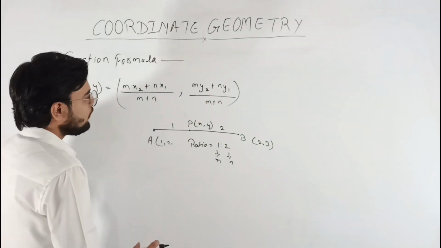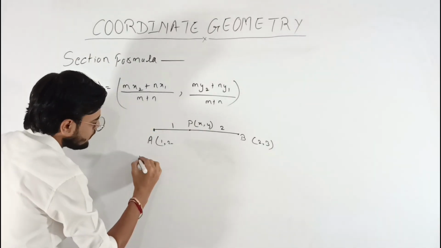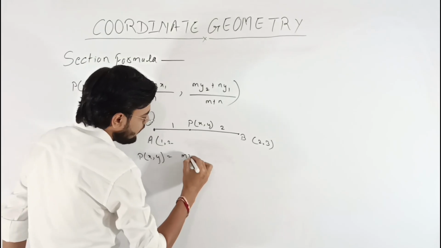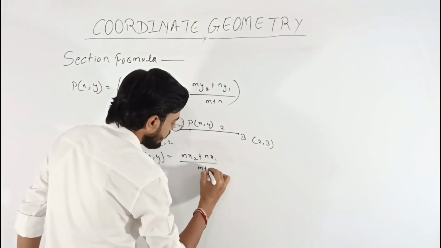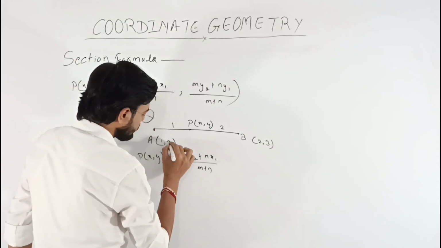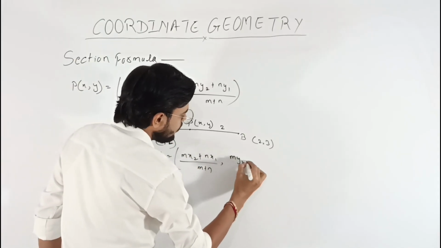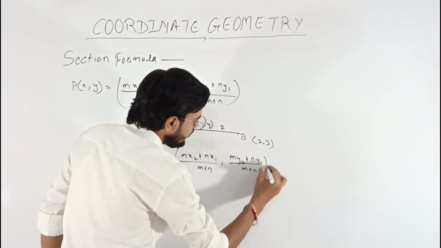Now see how we find the coordinates. So P(x, y) is equal to what? (m x2 plus n x1) upon (m plus n), and here the y coordinate is (m y2 plus n y1) upon (m plus n).